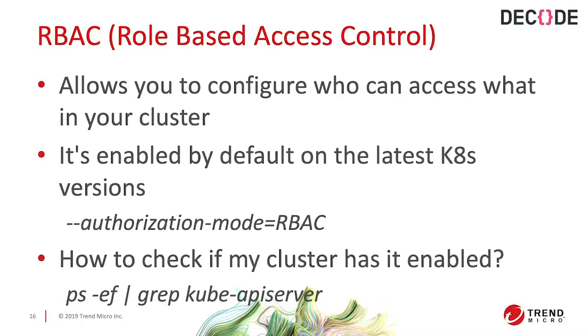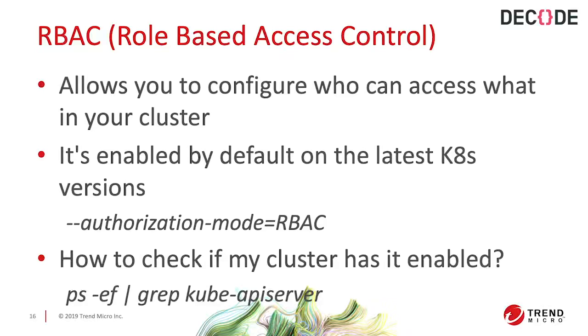On Kubernetes, it allows you to configure who can access what in your cluster, right? Right now it's enabled by default on the latest Kubernetes version. You can see that from this flag, authorization-mode RBAC, even on the previous slide, on the image, right?